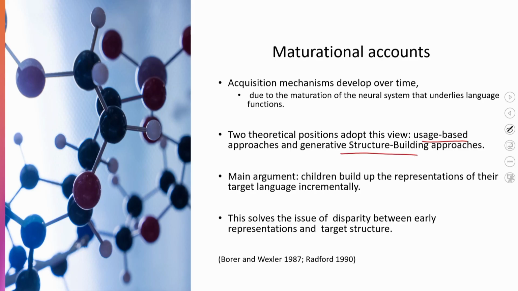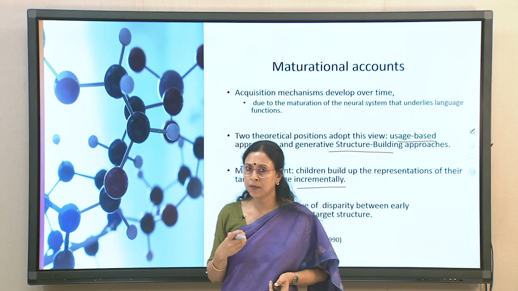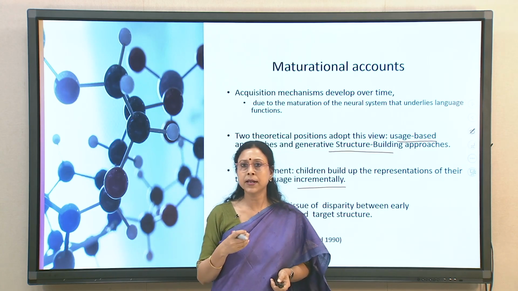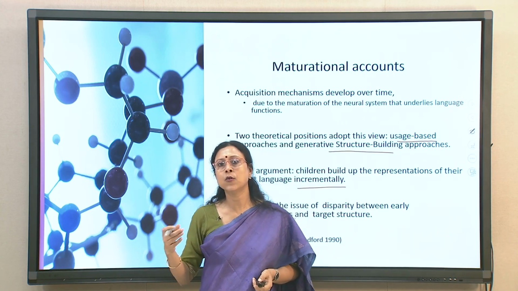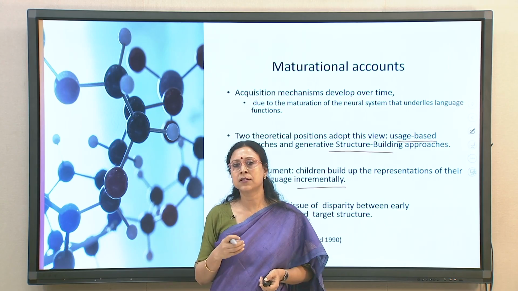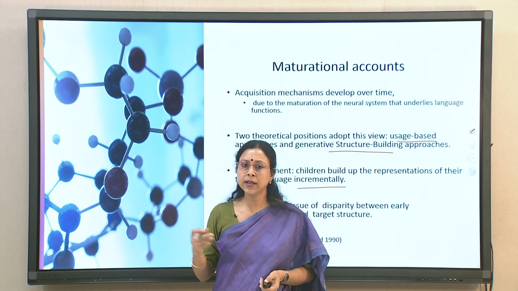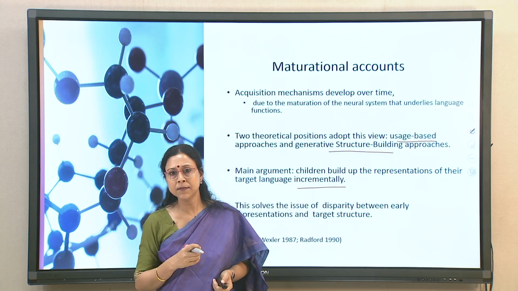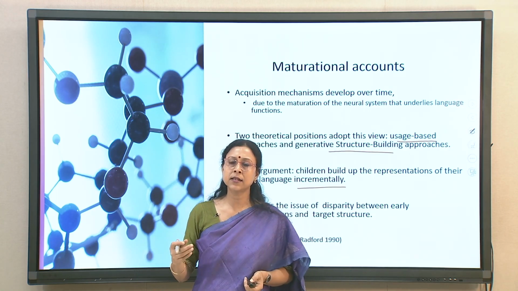So, the main argument here is that children build up the representations of their target language incrementally. If they are not born with the entire structure intact and they build up incrementally as they go, after structure A they learn structure B and so on, then this solves the problem of the disparity between early representation and the target structure.